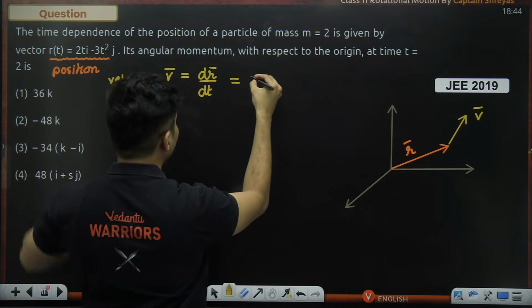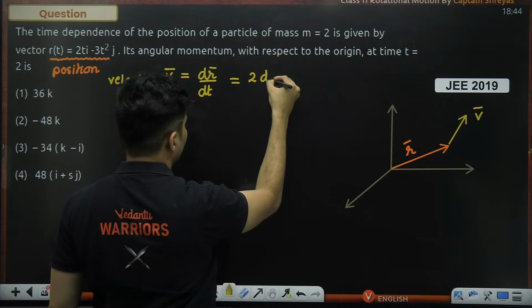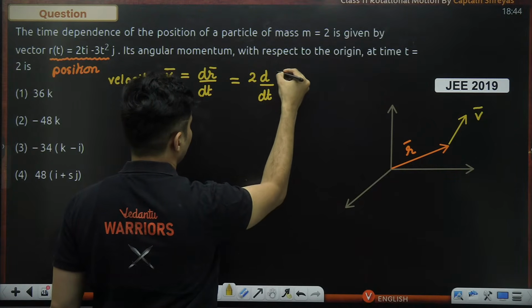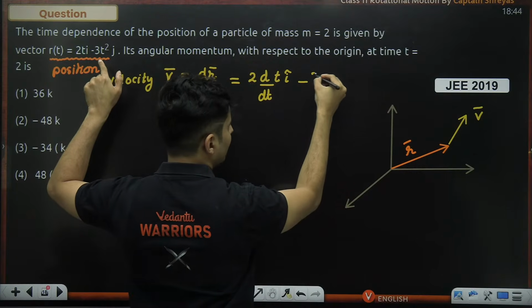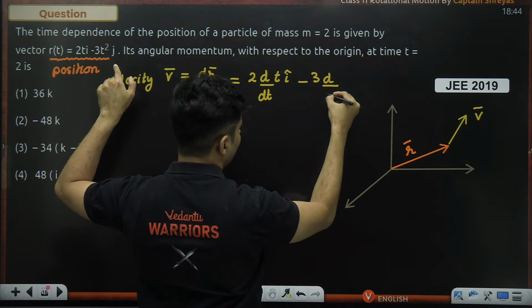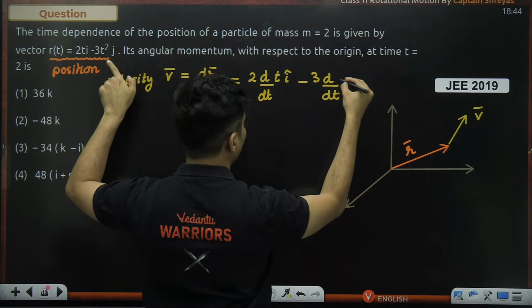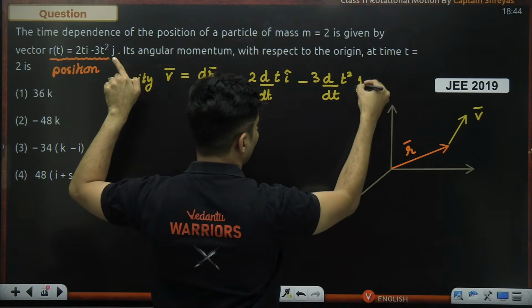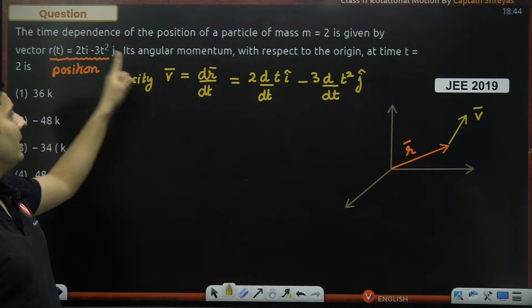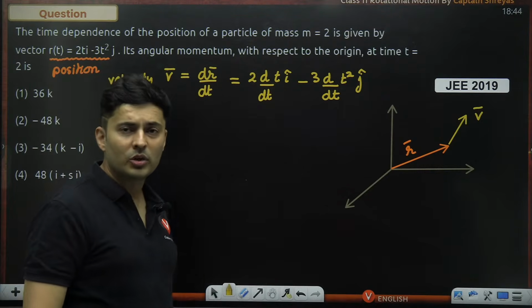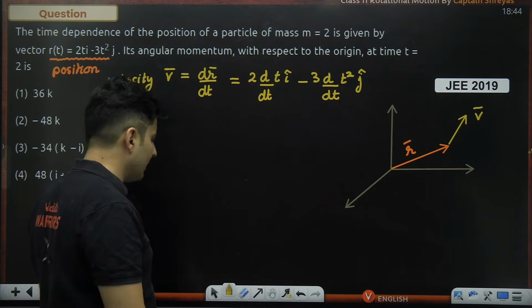So 2 will be outside, the derivative of just t with respect to i cap, minus 3 will be there, and just take the derivative with respect to time of t square, and this is in j cap direction. Just taking the derivative of our position vector, nothing else.